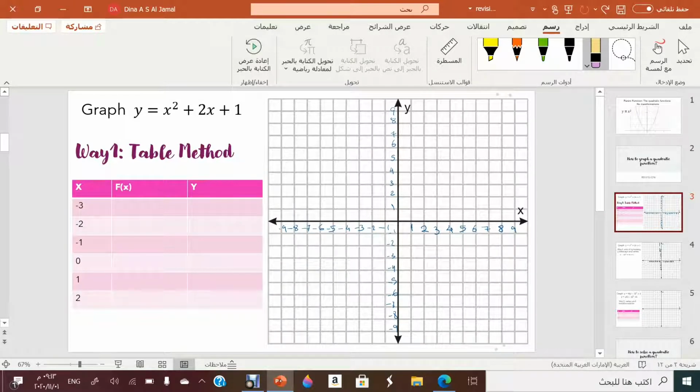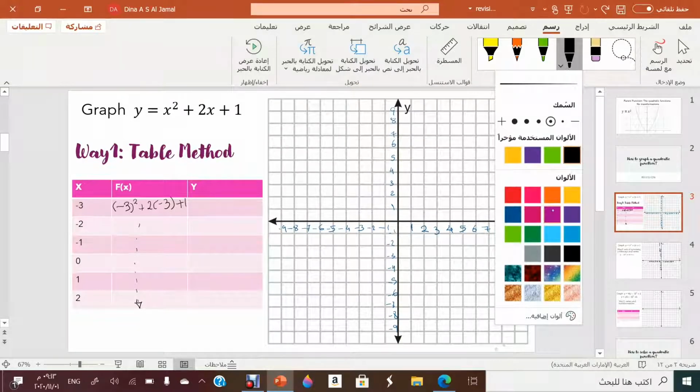You need to choose negative values, 0, and positive values, substitute in the function, and take the y value. So if you would like to choose -3, then I will be substituting only with one of them. Then you will be doing the rest, -3 squared plus 2 minus 3 plus 1, and the rest will be the same. You need only to substitute.